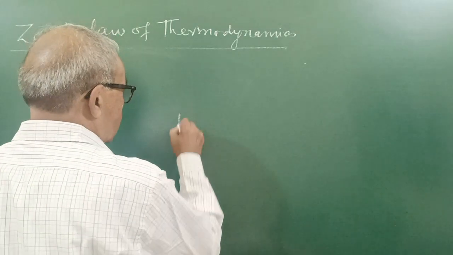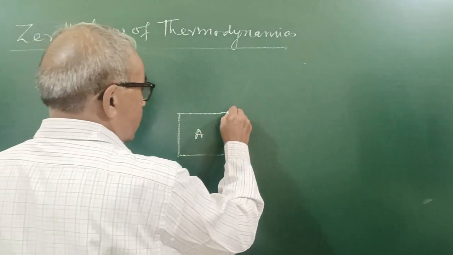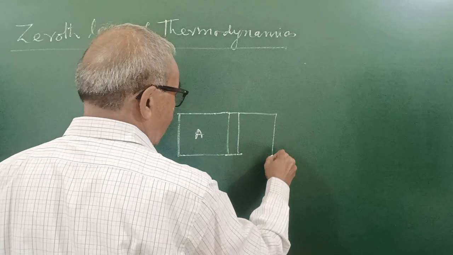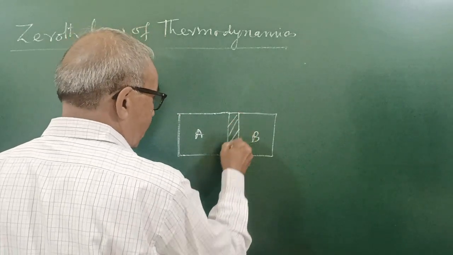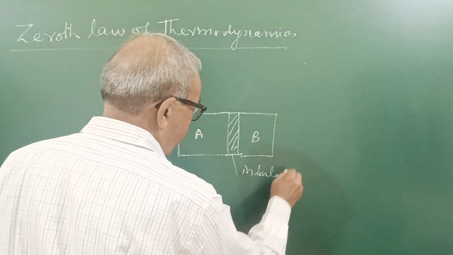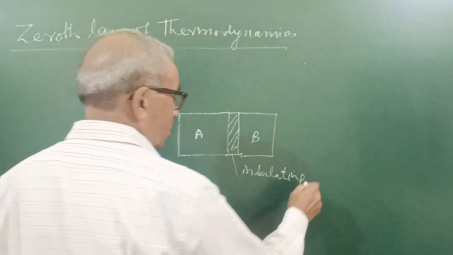Suppose here are two systems, A and B, separated from each other by an insulating wall, which means a bad conductor of heat.